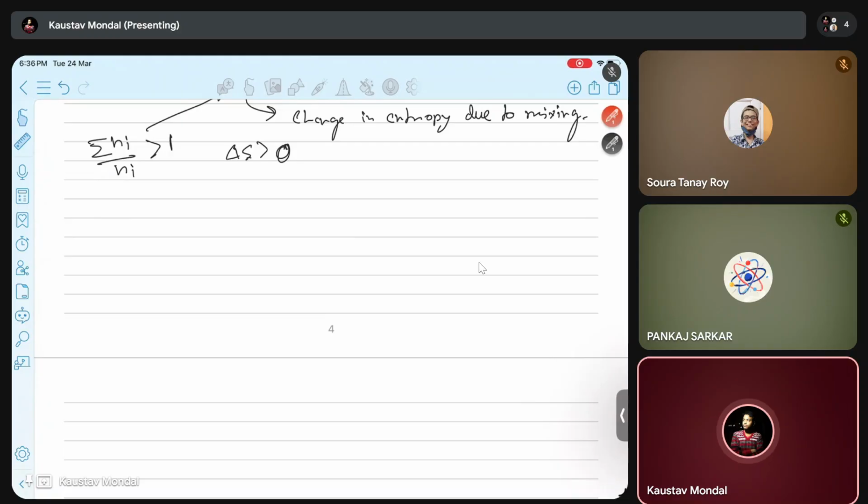From the entire study that we have done, we can basically conclude what the basic properties of entropy are.